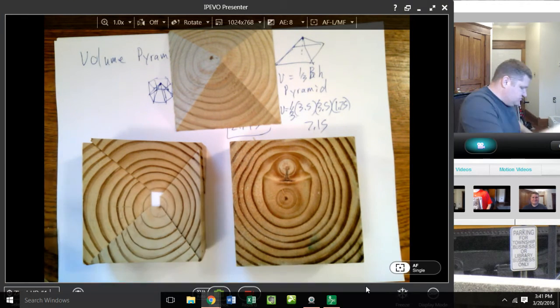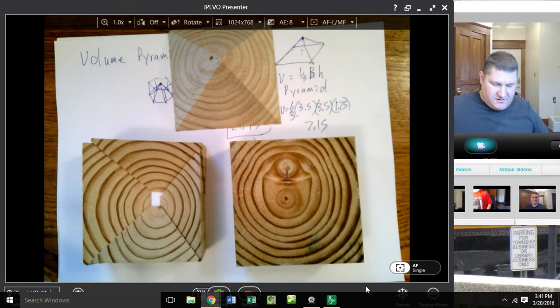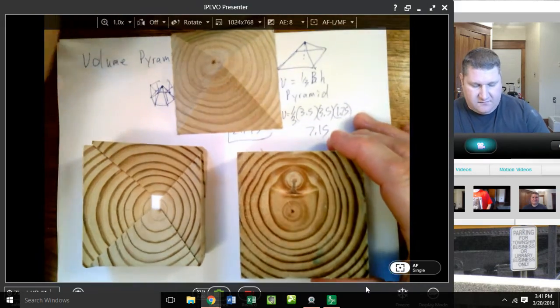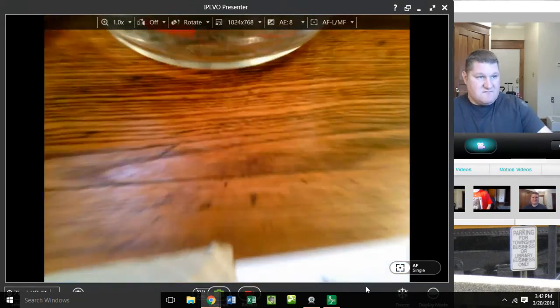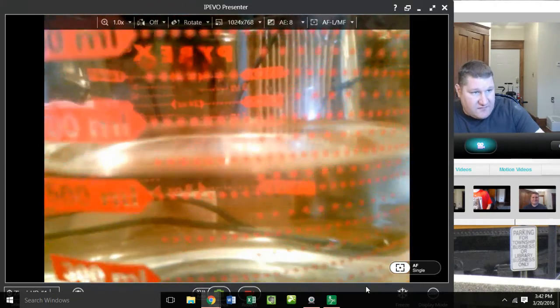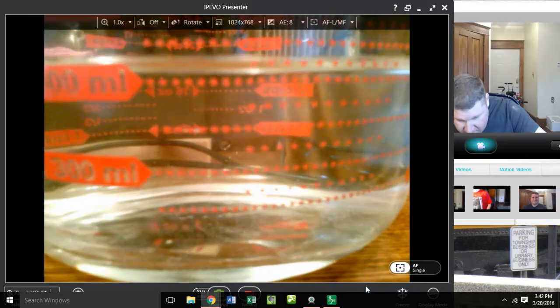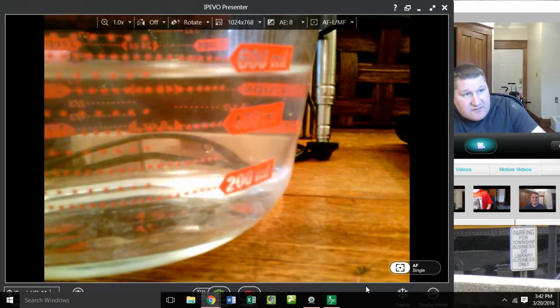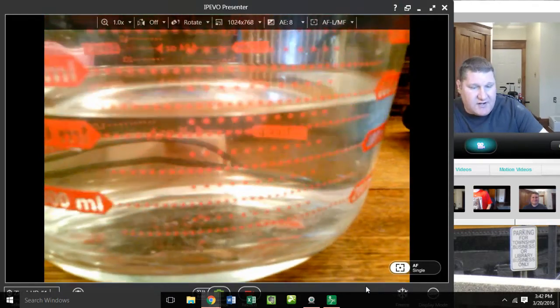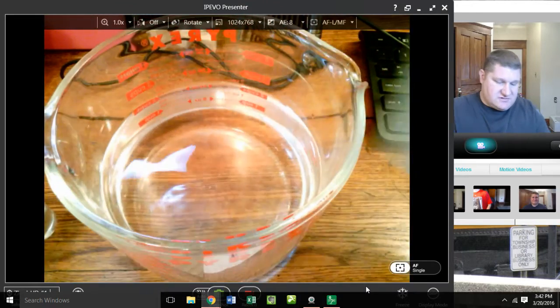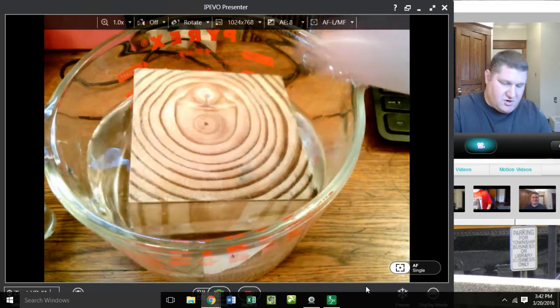To use displacement, I've got to take my quarters out from the last video. I take this, and it currently has basically 600 milliliters, a little under 600. What I'm going to do is take the block and submerge it.